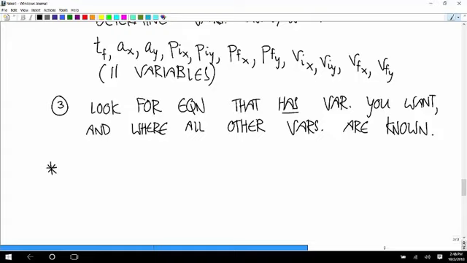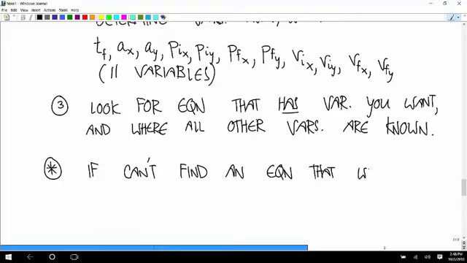We called this step star before. So if you can't find an equation that works, look for an equation that'll let you solve for an intermediate variable.